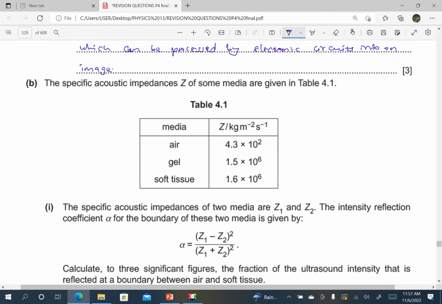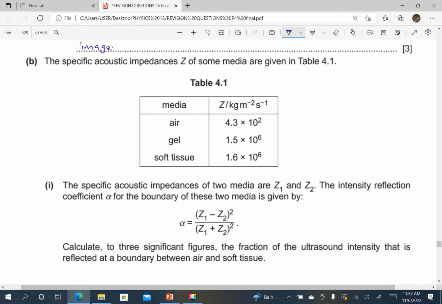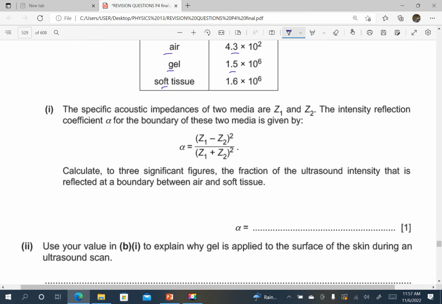The specific acoustic impedance Z of some media are given here. They have given us air, gel, and soft tissue. The acoustic impedances of the two media are Z1 and Z2. The intensity reflection coefficient alpha is given by that. Calculate to three significant figures the fraction of the ultrasound intensity that is reflected at the boundary.